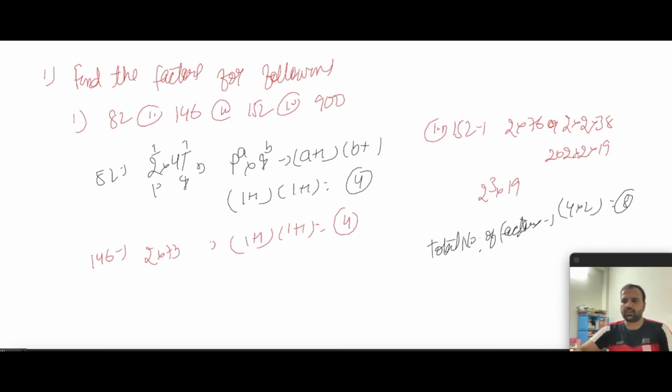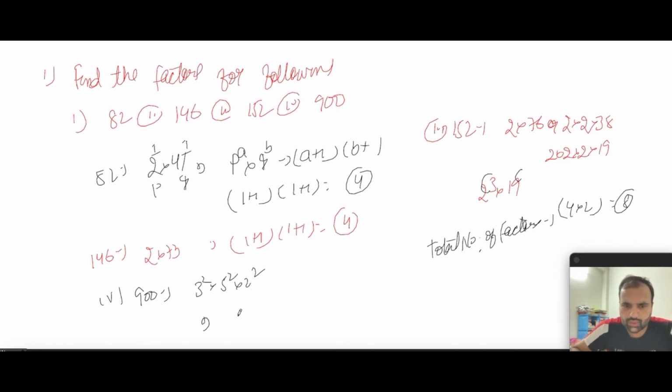Now how are we getting 8? It's very simple. 3 plus 1 and 1 plus 1. We have studied how and why the power grows by 1 when we are counting the factors. We have already studied this before as well. And if you want, we can do this for 900 as well. We can break 900 into 4, 9, and 25, so 2 squared, 3 squared, 5 squared.